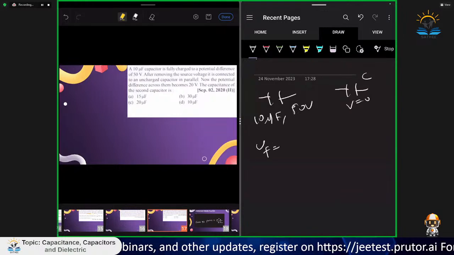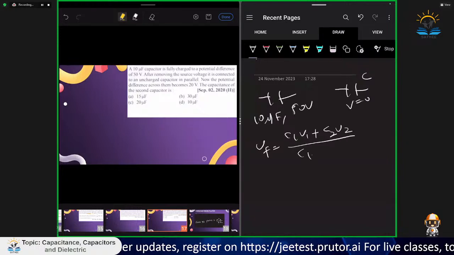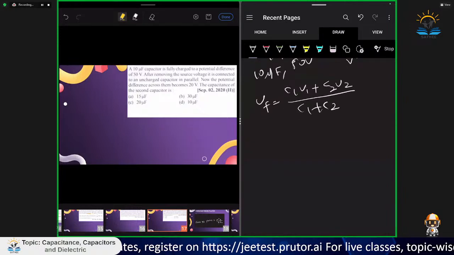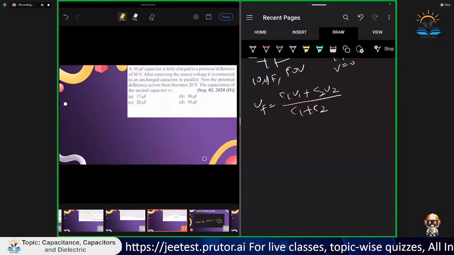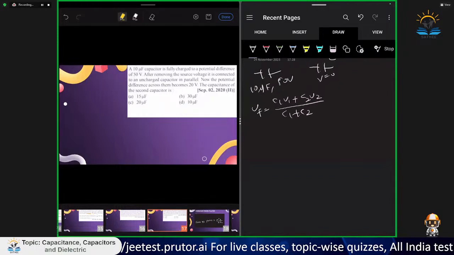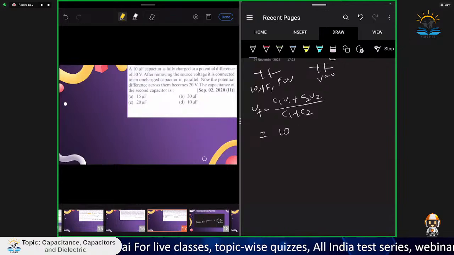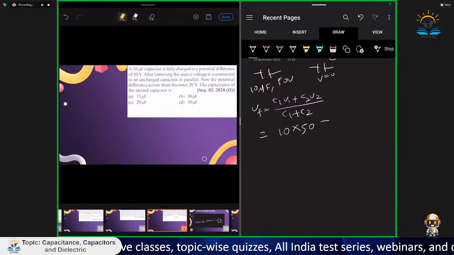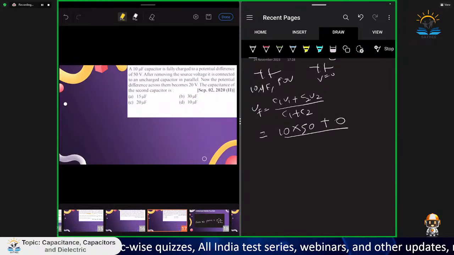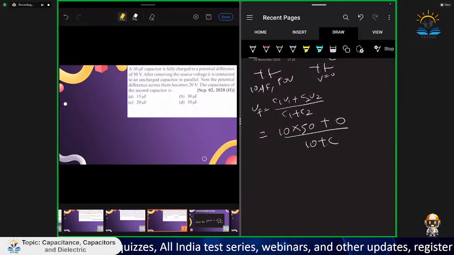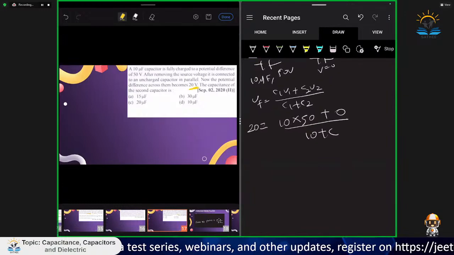We know that V equals (C1 V1 plus C2 V2) by (C1 plus C2). So just insert those values. C1 is 10, V1 is 50, and the C2 term becomes 0, over 10 plus C. Final potential is given in the question, that is 20.